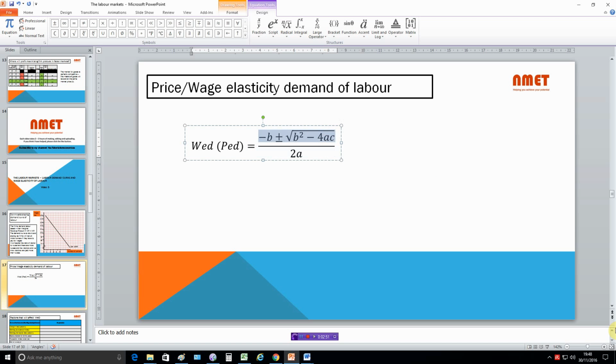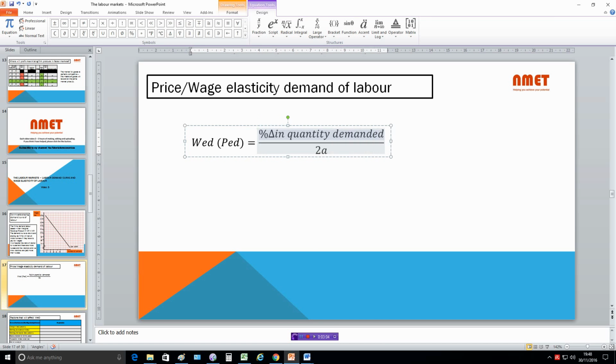It is the percentage change in quantity demanded of labor, or workers recruited, upon the percentage change in wages.